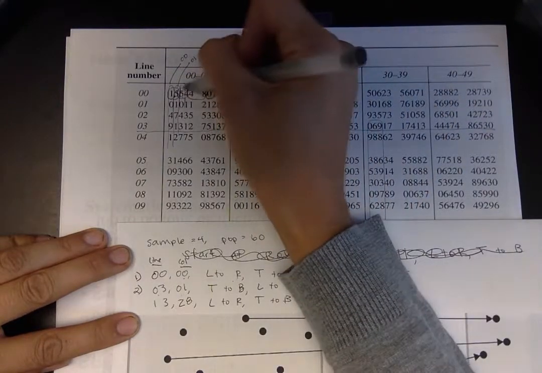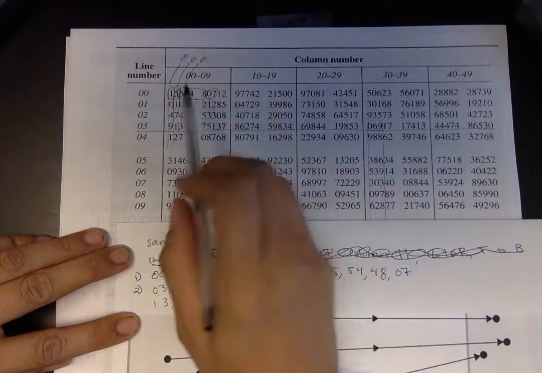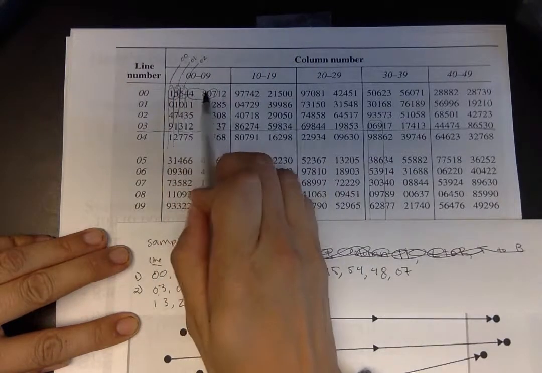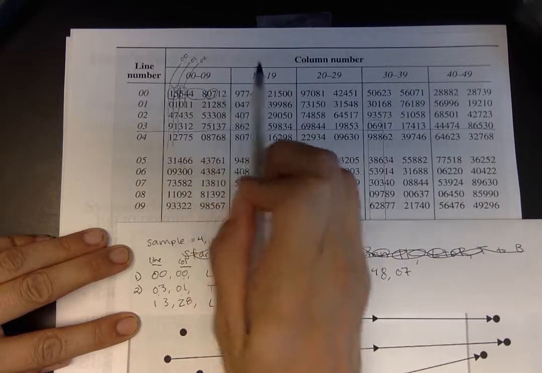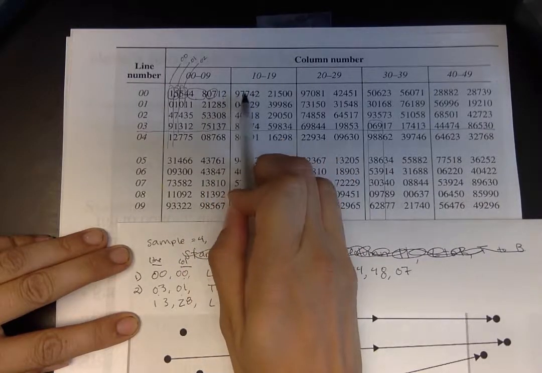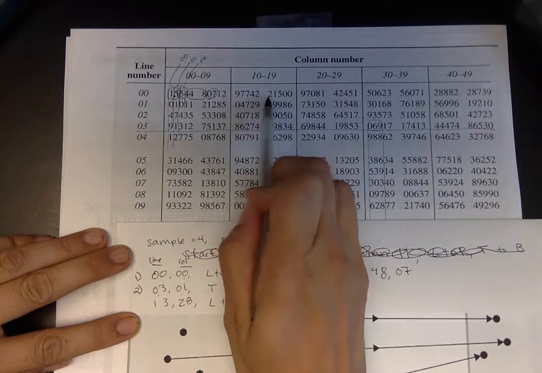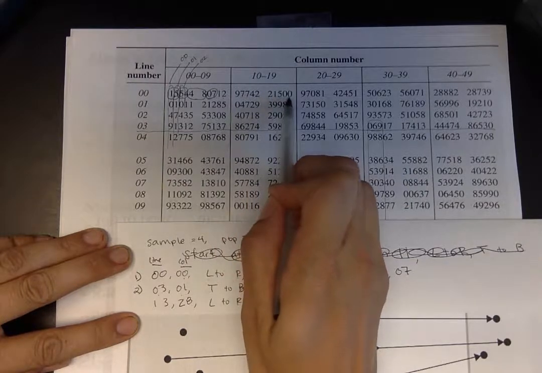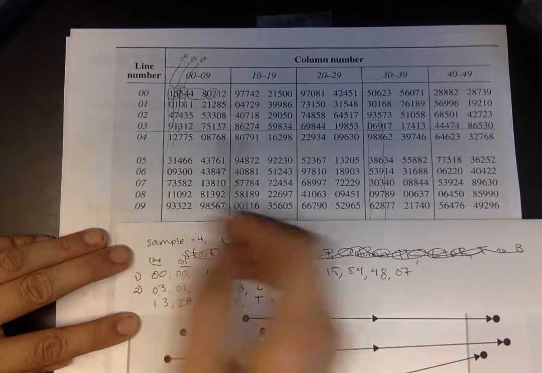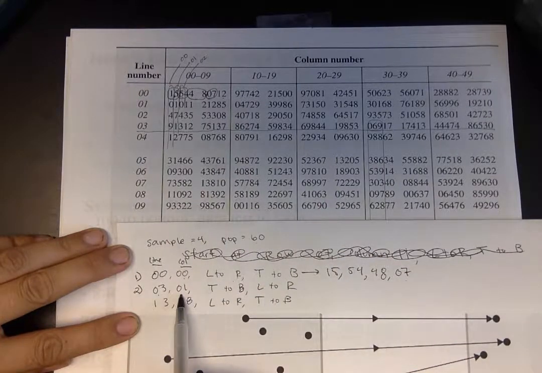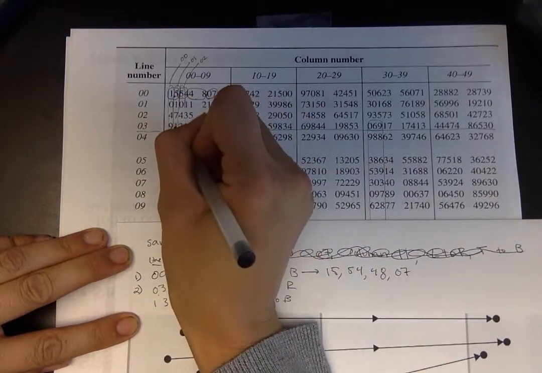The third column is 0, 2, 0, 3, 0, 4, 0, 5, 0, 6, 0, 7, 0, 8, 0, 9, 10, 11, 12, 13, 14, 15, 16, 17, 18, 19. And it goes on like that. So if we're looking at line 3, column 0, 1, we're going to start.